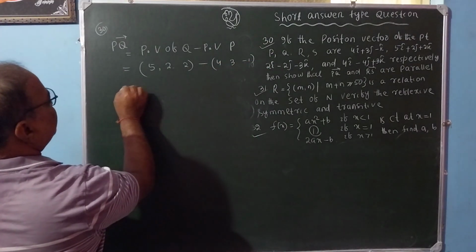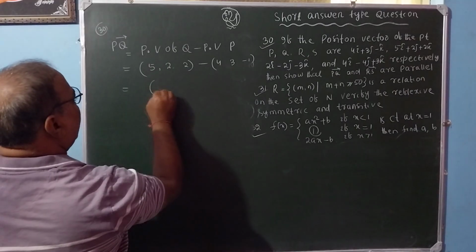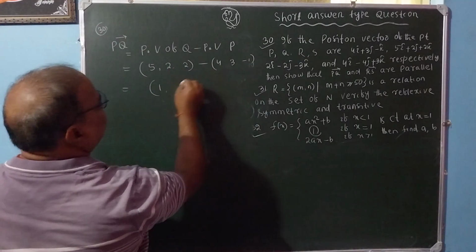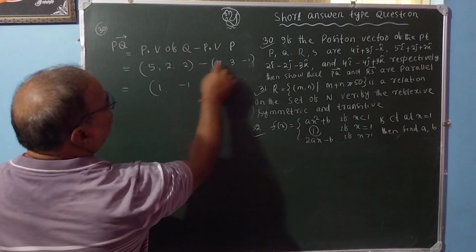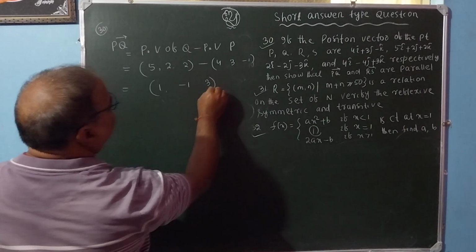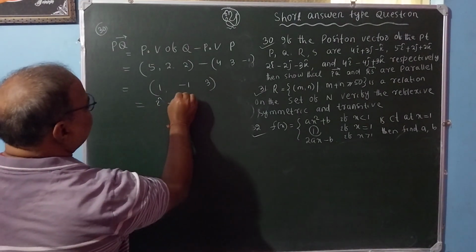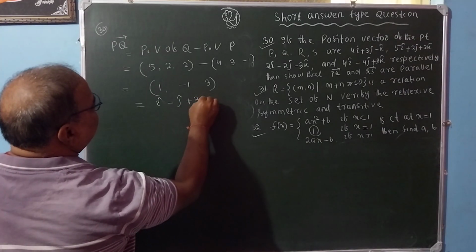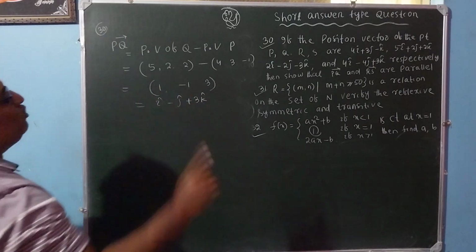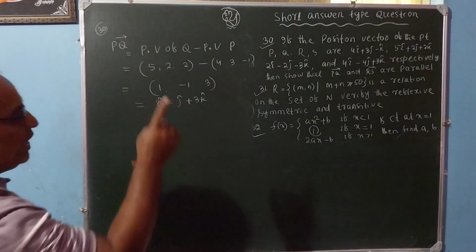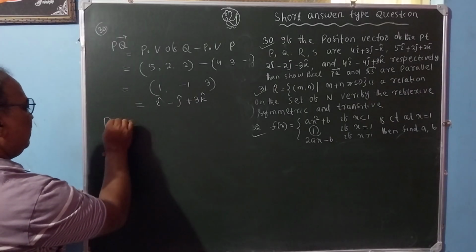Now the difference: 5 minus 4 is 1, 2 minus 3 is minus 1, 2 plus 1 is 3. That means i cap minus j cap plus 3k cap is the PQ vector.